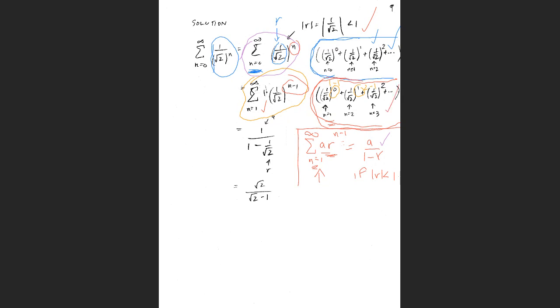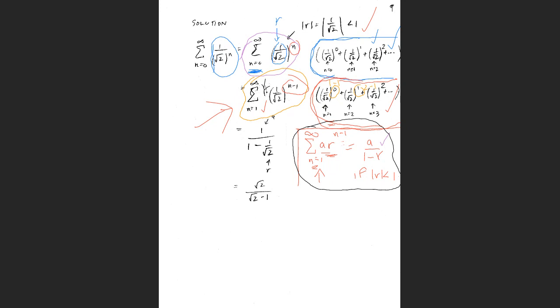But writing a series in this form here, where n equals 1, allows me to utilize the formula in the book directly. I identify a as 1. This is a. There was nothing written in front of 1 over root 2 to the n minus 1 power, but there was, right? A 1 is there.